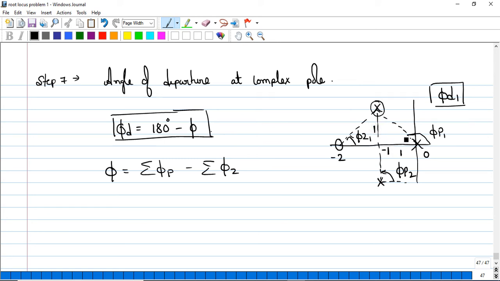So it is easy for us to calculate the angle. If I consider this as theta, tan theta will be opposite 1 by adjacent 1, and theta is equal to tan inverse of 1. So what is tan inverse of 1? Anyone?